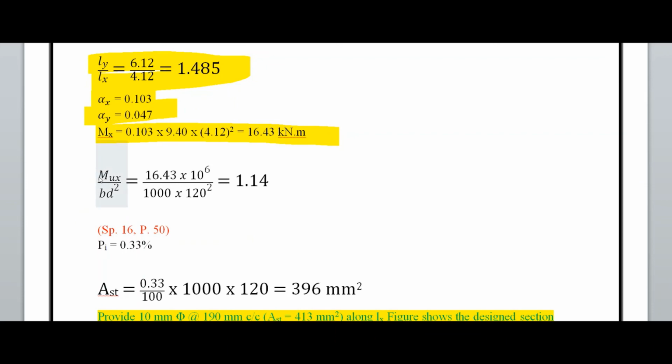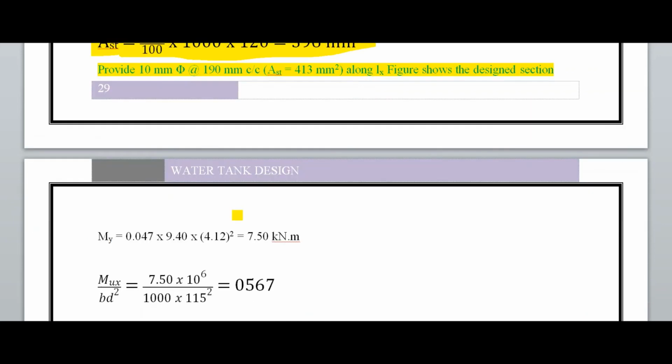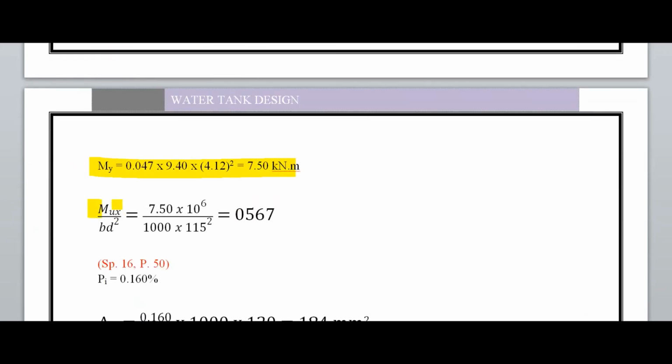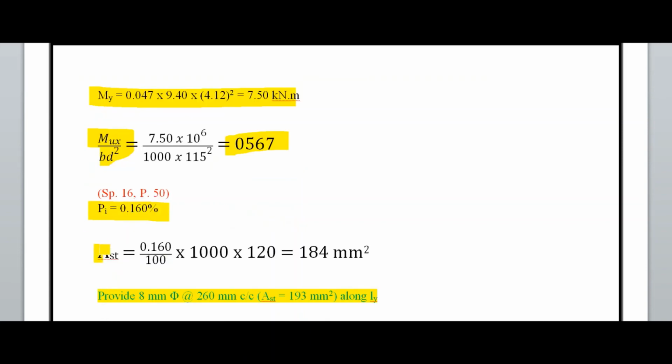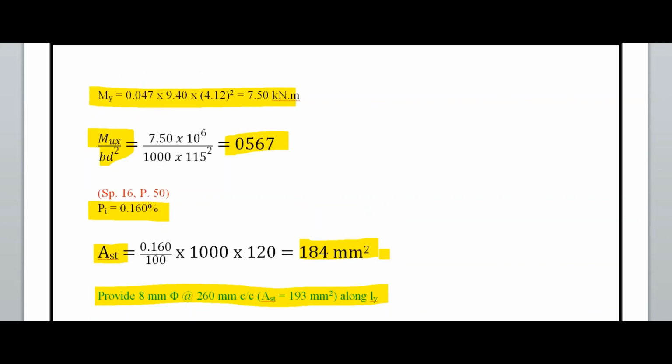By the Mx we have to design, and then AST is completed to 396 mm square, and same for the My. So MU by BD square, but from SP 16 we can find PT and AST 184 mm square. So we provide 8 mm dia at 260 mm center to center. So our design is completed.